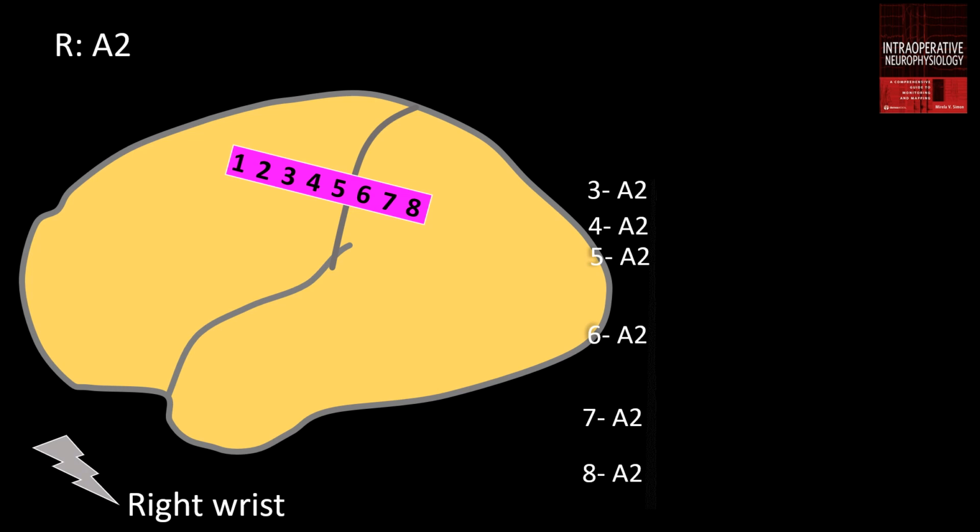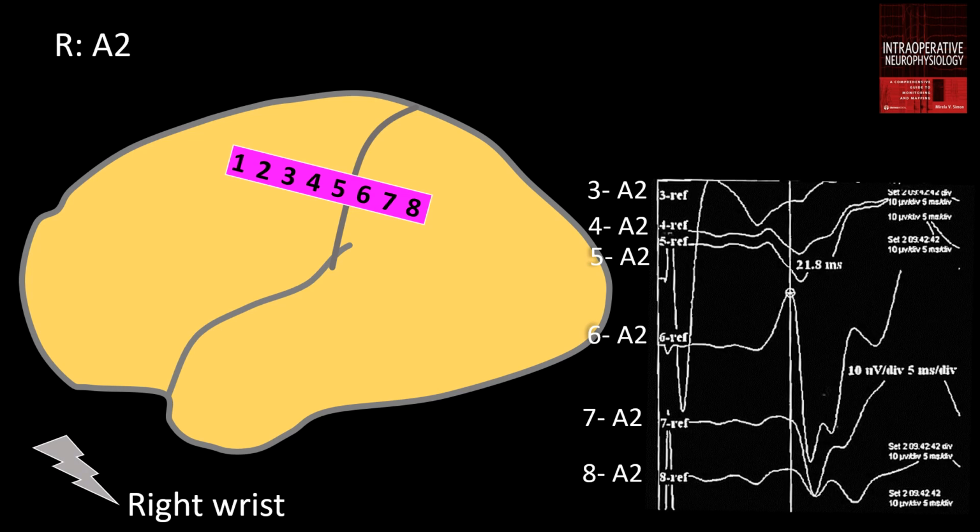Then the right wrist is stimulated and the wave recorded and analyzed. Notice that the derivation 5 to right ear was positive at 5, and the derivation 6 to right ear was negative.